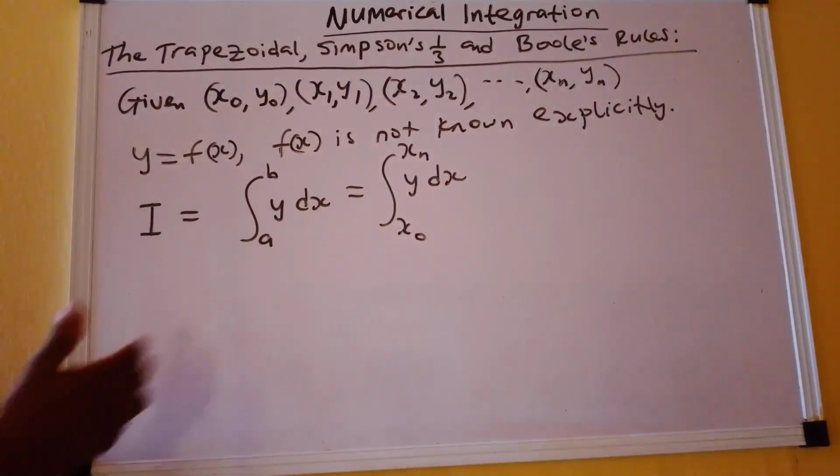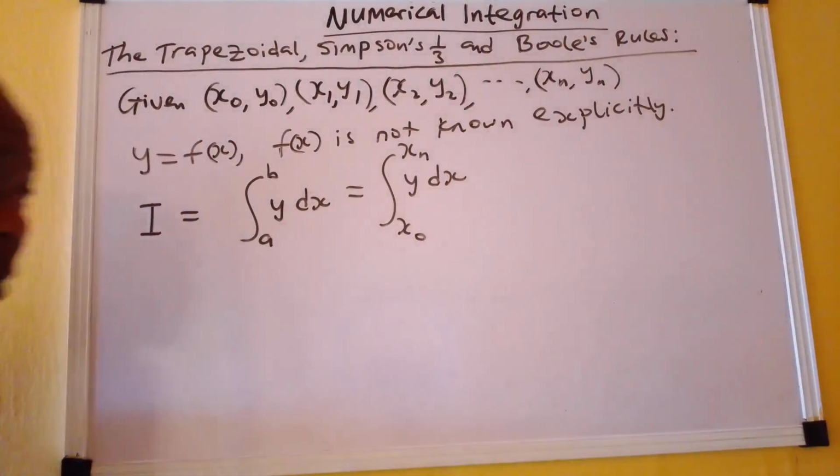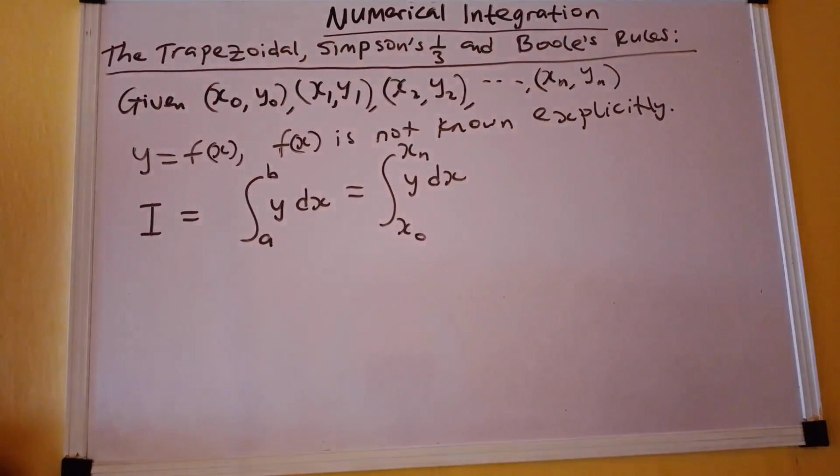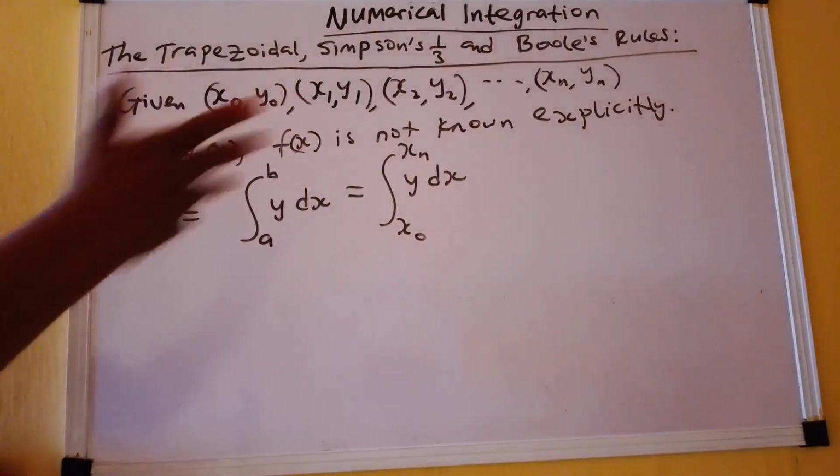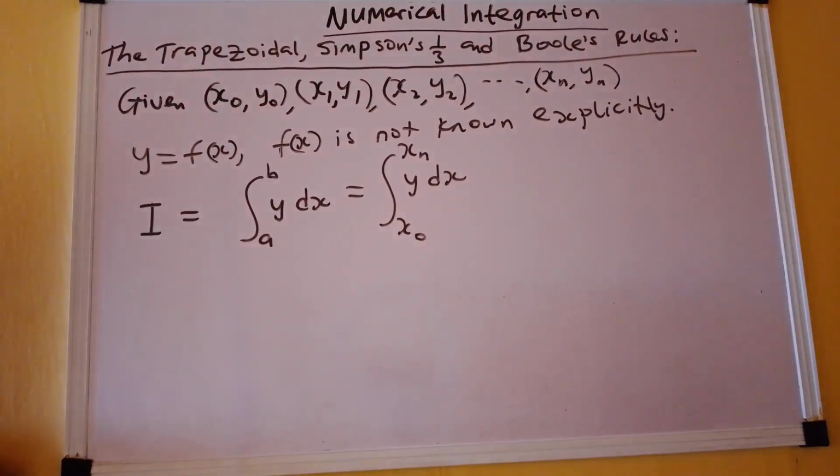So this is what we try to achieve when a data set is given with data points and the function itself is not known explicitly. It is still very much possible to carry out numerical integration.